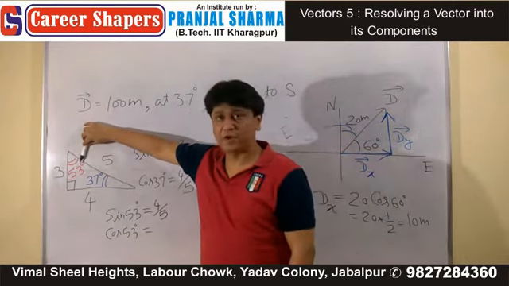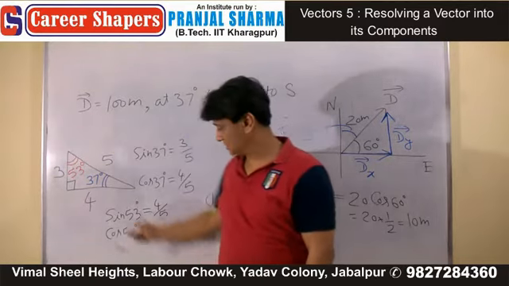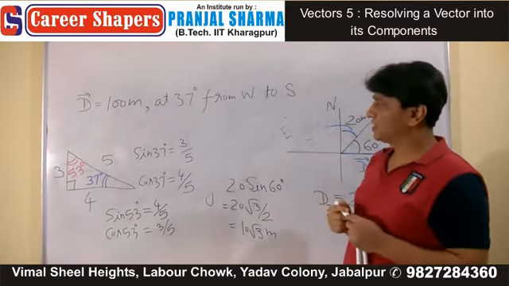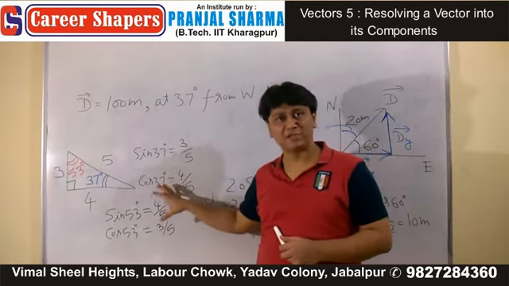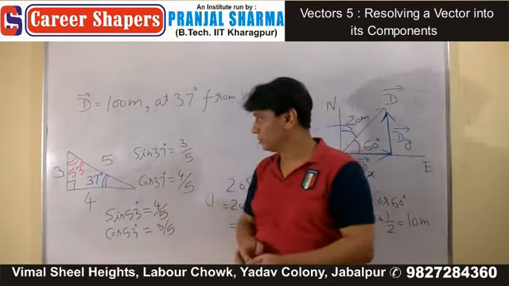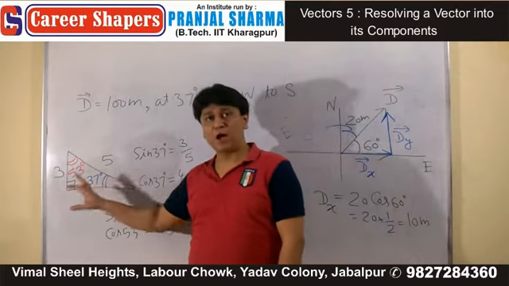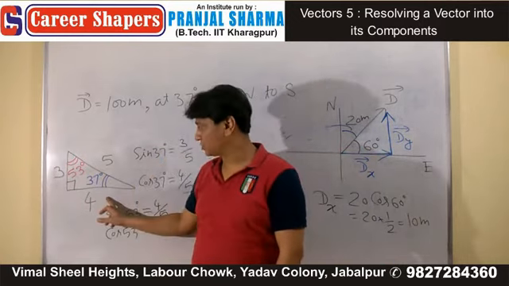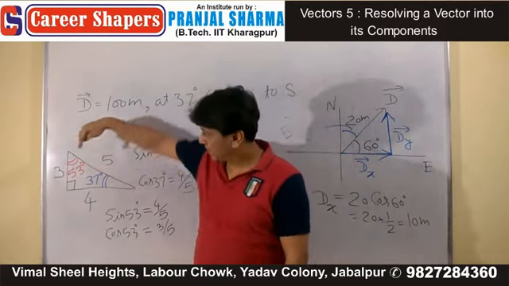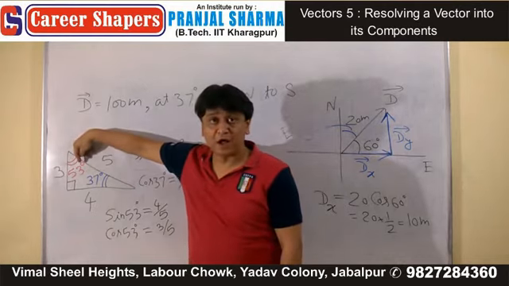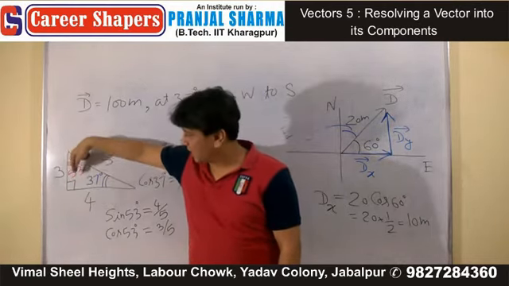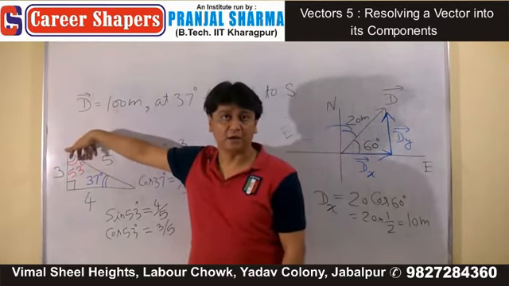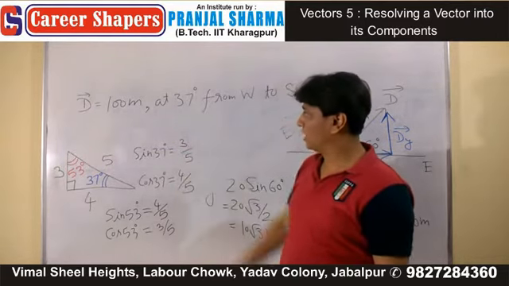For the angle 53, 3 is the base, so 3 divided by 5. These are the standard values. Always remember them. The branch opposite to 37 should be smaller, therefore 3 and 4. If this is 53, the branch opposite to 53 should be larger than the branch linked to the angle.